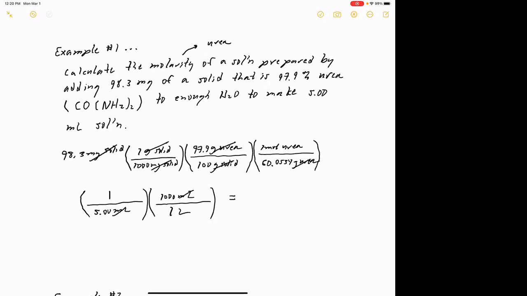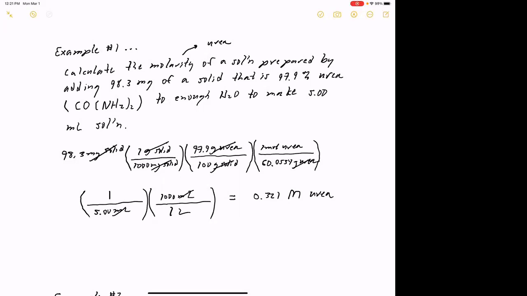I'm going to get 0.321. And I could call that big M urea, because remember, big M stands for molarity, okay? So I could also say that's moles of urea per liter of solution if I wanted to state it that way. So either way would be absolutely perfectly correct, depending upon what you would like to do.